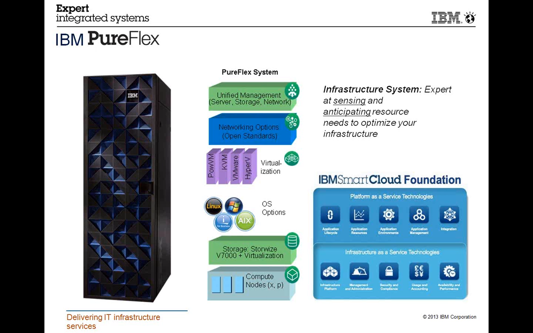When you're able to take the hardware layer, which is networking, server, and storage, put a virtualization layer across each of these stacks, and put a cloud layer on top, with the IBM SmartCloud Foundations you end up getting a completely virtualized cloud-ready infrastructure.